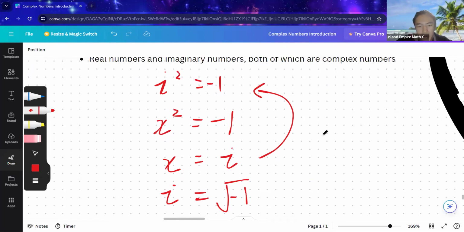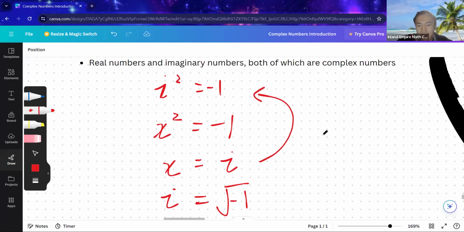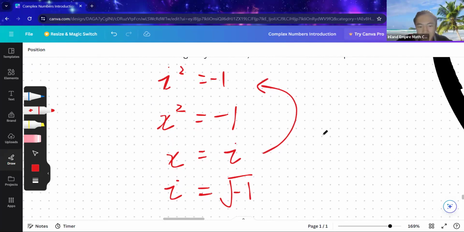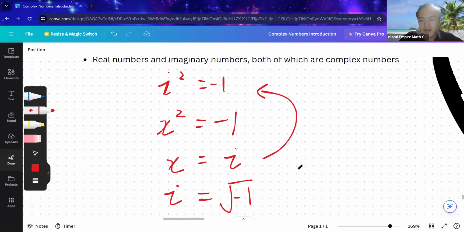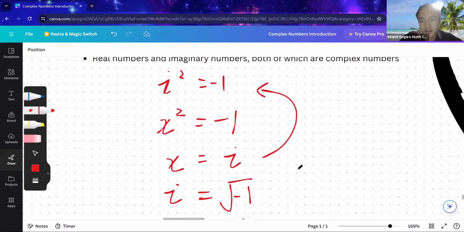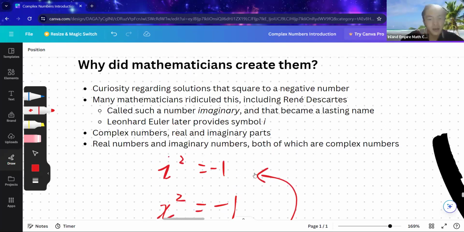Usually when we take the square root of a number, it has to be positive. But in this case, the imaginary unit i is defined as the square root of -1.